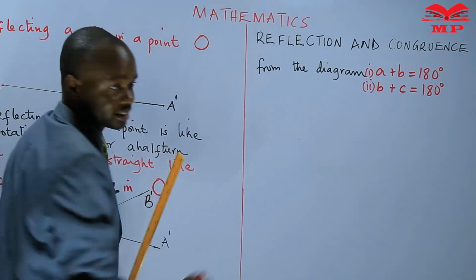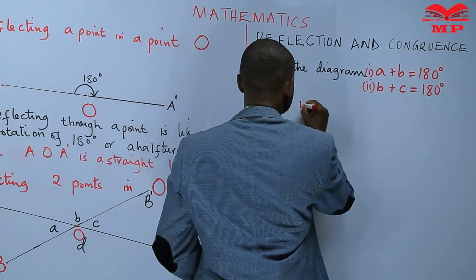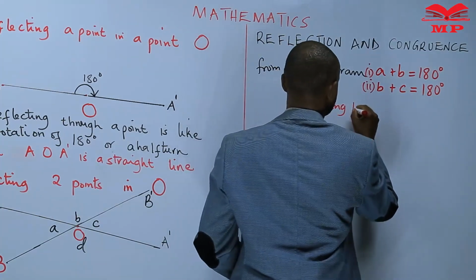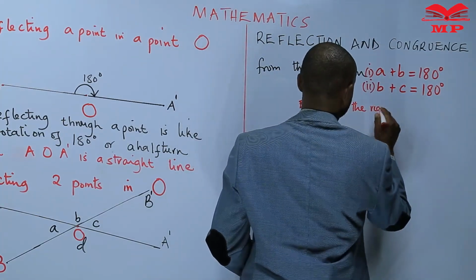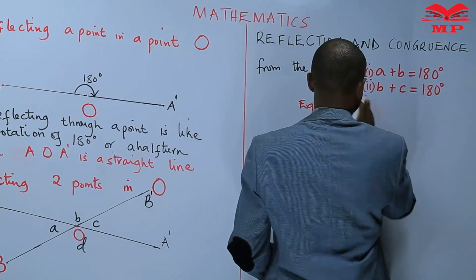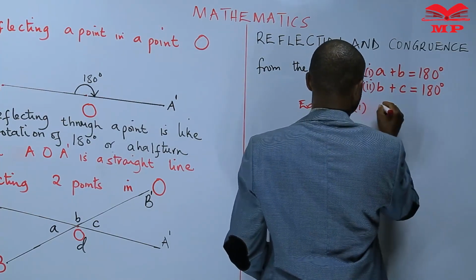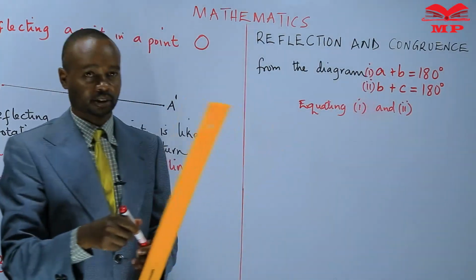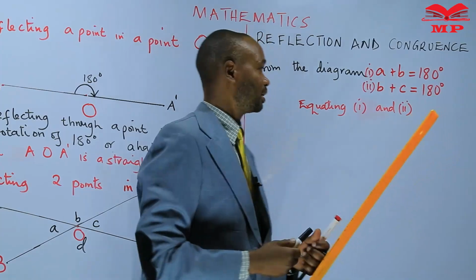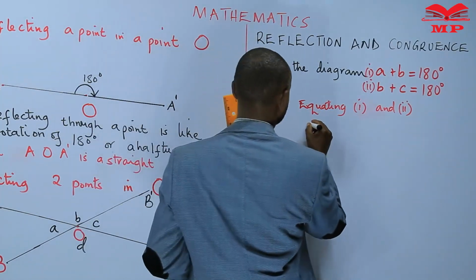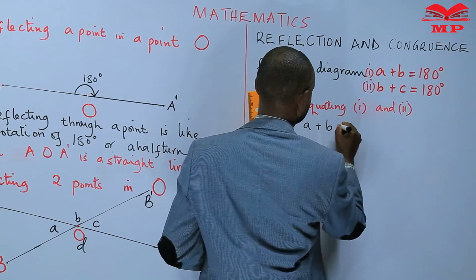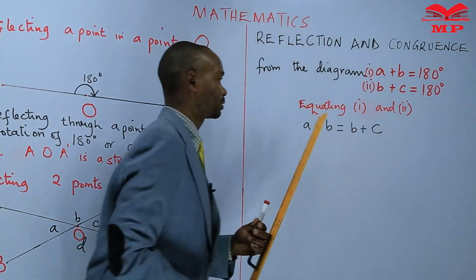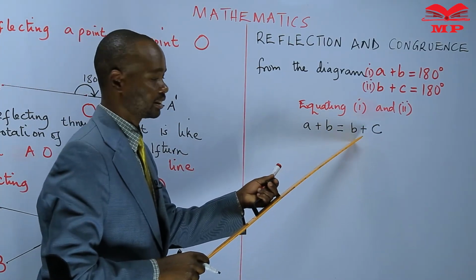So from that, equating 1 and 2, what do we get? We say A plus B is equal to B plus C. But B and B are there.